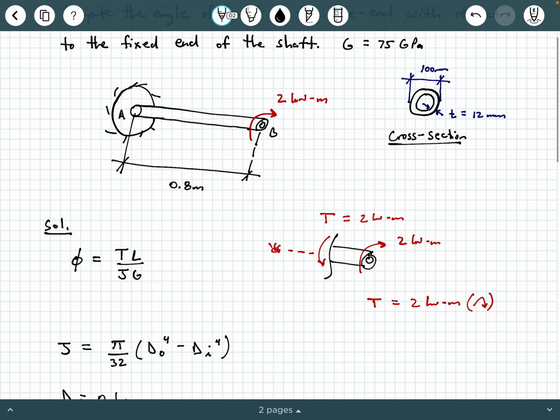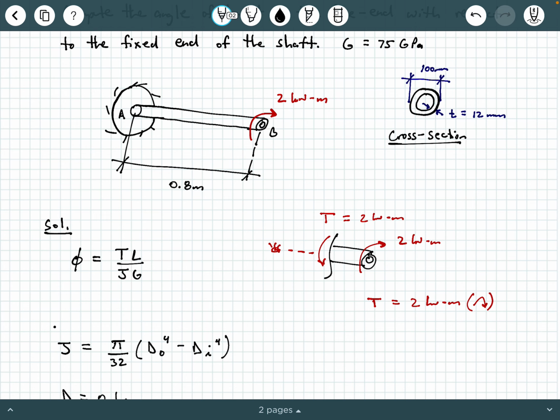You were given a thickness here. So the inner diameter, which is the distance across the inside hole, is going to be the outer diameter minus 2 times the thickness. Why 2 times the thickness? You're taking that outer diameter and subtracting the thickness on one side and from the other side to get this inner diameter.